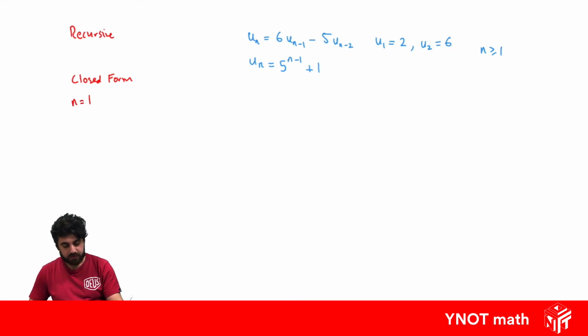We're going to look at u1 equaling 5^(1-1) plus 1, and we're going to get 5^0, which is 1, so we're going to get 1 plus 1, which is 2, and we've already been told that u1 equals 2, so that's true.